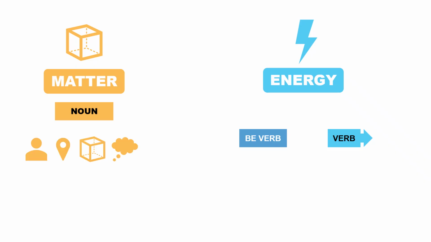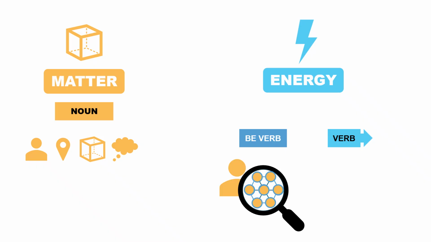Nouns are people, places, things, or ideas. And in English, the be verb doesn't move. The be verb is like the energy that holds things together. Action verbs are verbs that move. Nouns and verbs are the most important things in basic English.